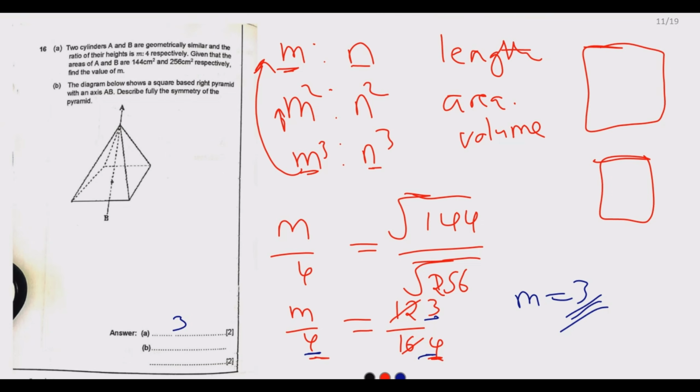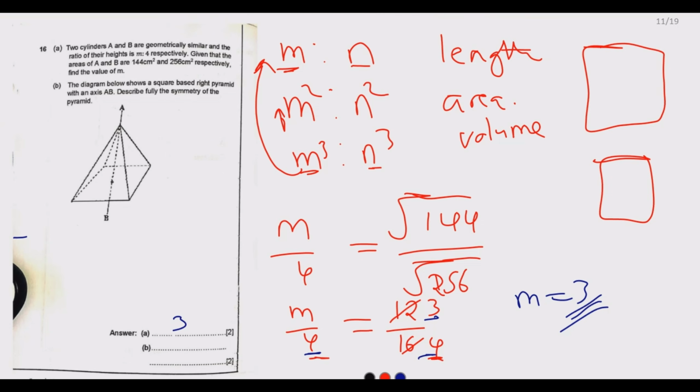Let us move to question 16B. The diagram below shows a square based right pyramid with an axis AB. Describe fully the symmetry of the pyramid. When you're describing the symmetry of a pyramid, or the symmetry of anything, we need to bring out two things.